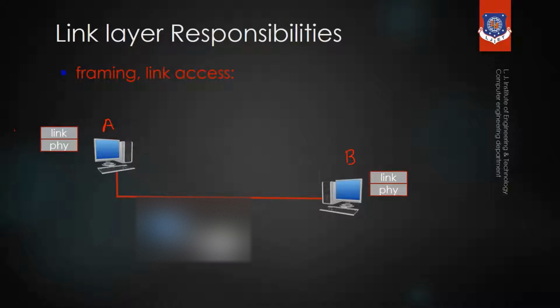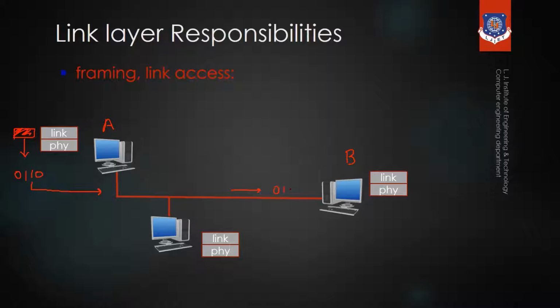Now suppose device A wants to send data to device B. So the frame will be generated in the device A, and when that frame is transferred to physical layer, it will be converted into bits. Suppose when the device A's frame is converted into bits, there are 4 bits, and those 4 bits will be transferred via this link.